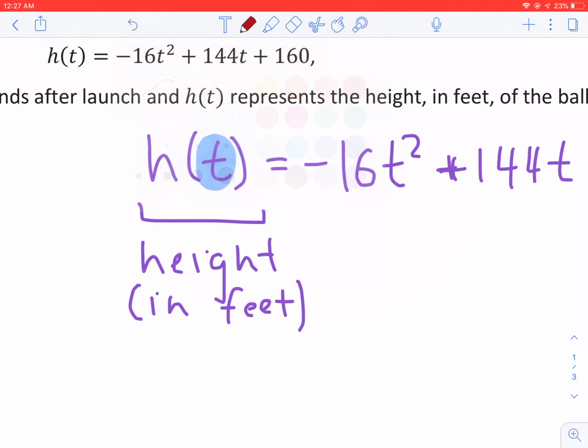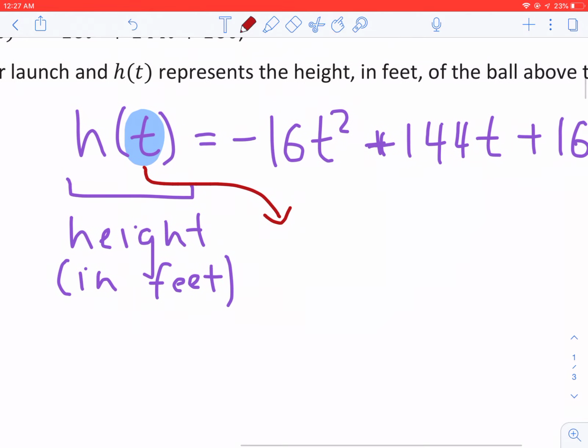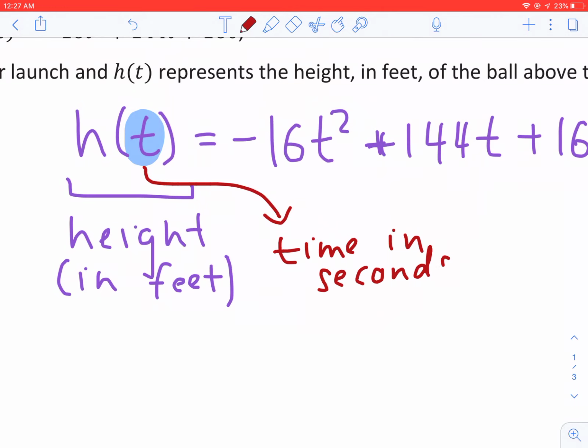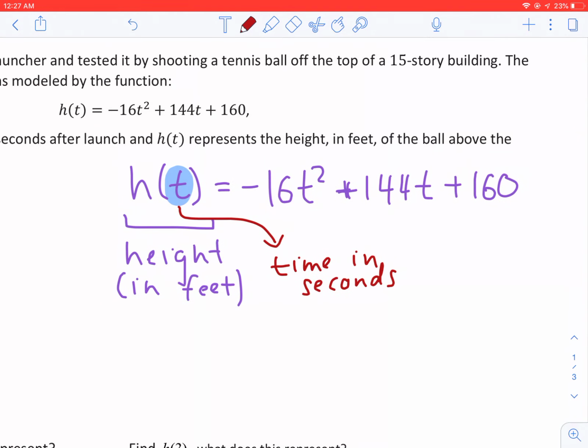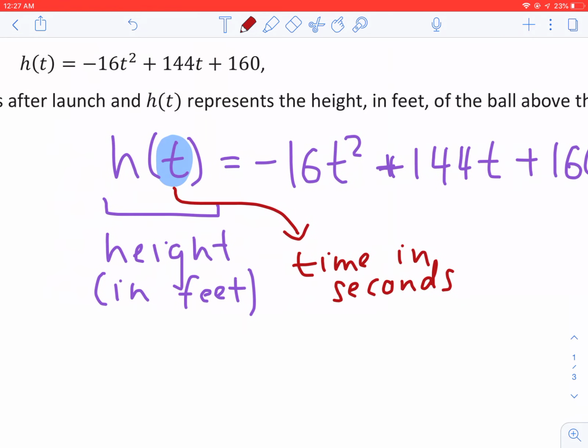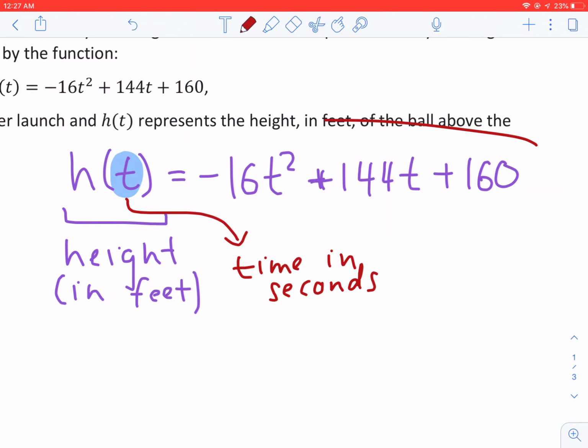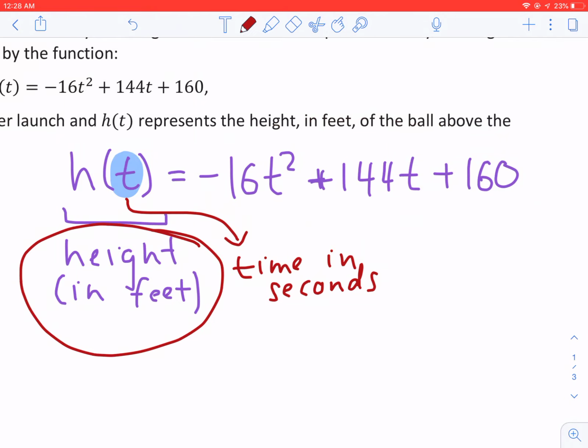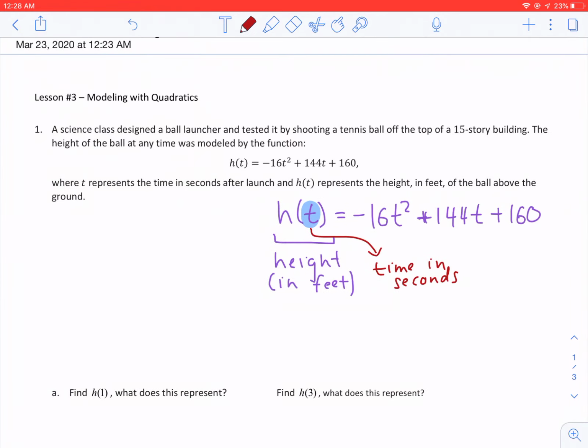That t represented the time in seconds. So what this equation is telling us is, plug in some time in seconds. You can plug in 2 seconds, 3 seconds, 4 seconds, and what we're going to get out is h of t, the height in feet.